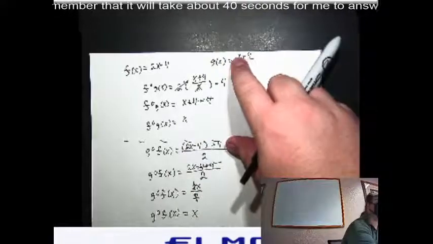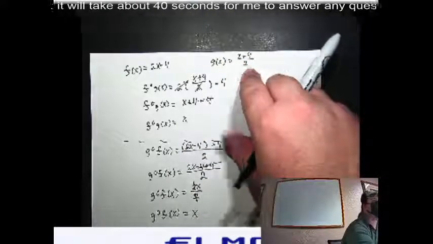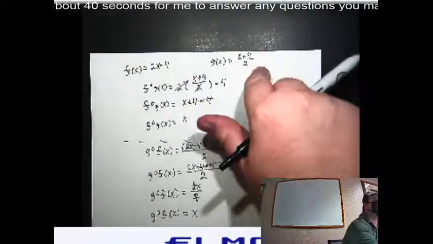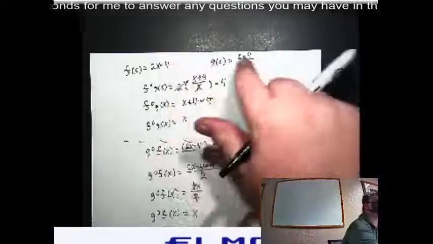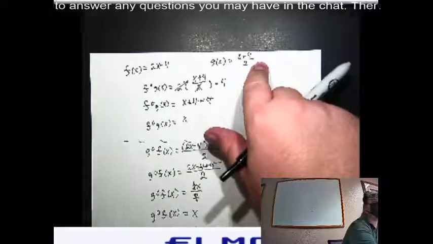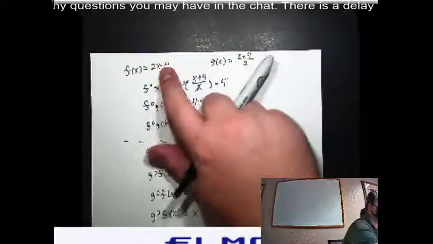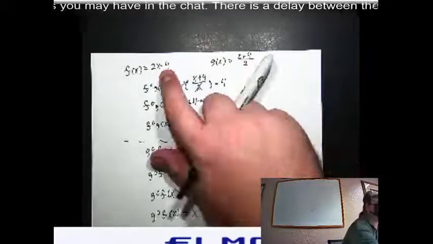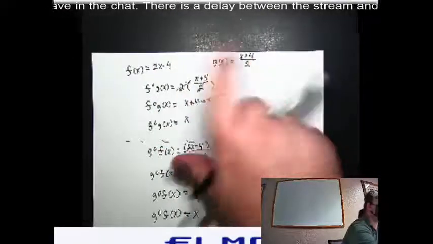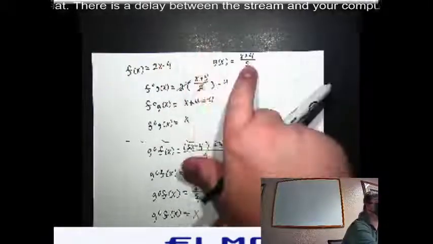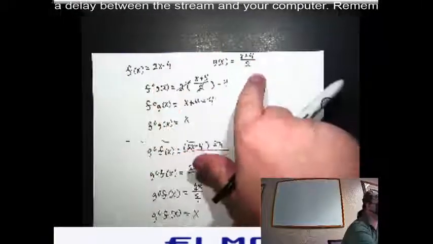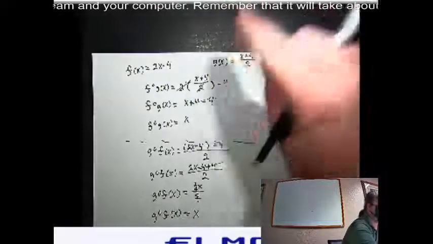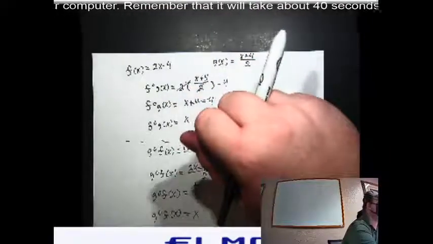This one adds 4 to x and then divides by 2. These two functions do exactly the opposite thing of each other. So here I'm multiplying by 2, here I'm dividing by 2, here I'm subtracting 4, here I'm adding 4. Not only are they doing the opposite things, they're doing them in the opposite order. So they are exactly opposite of each other. That's why we call them inverse functions.